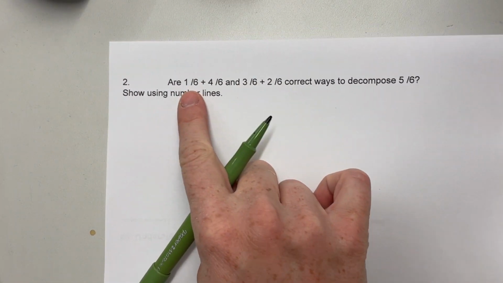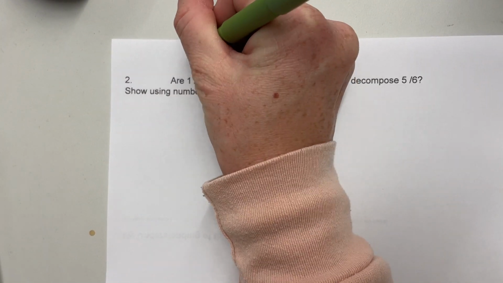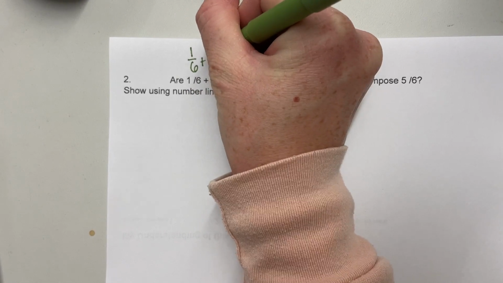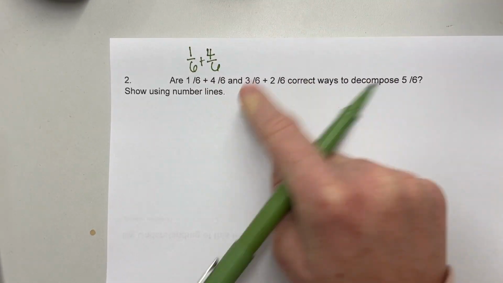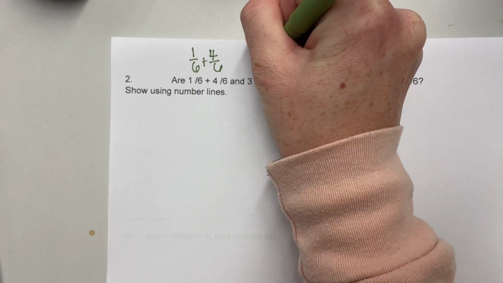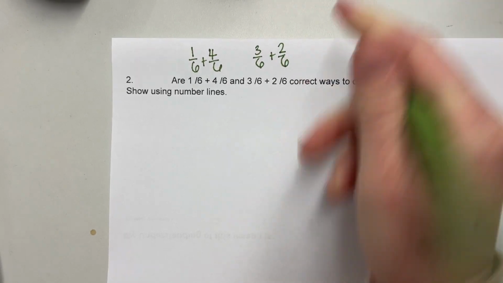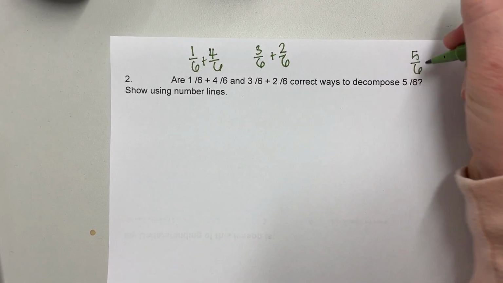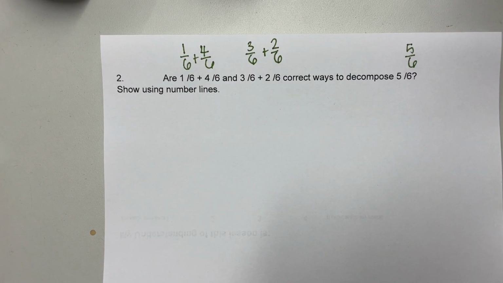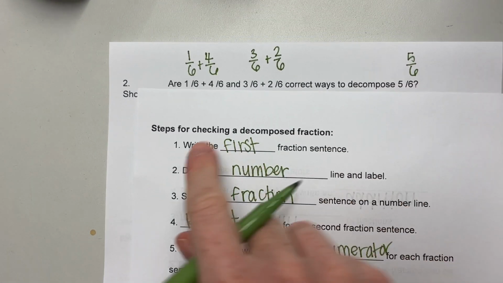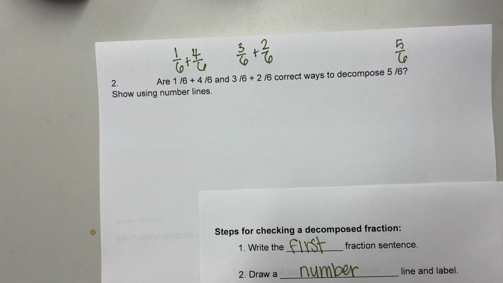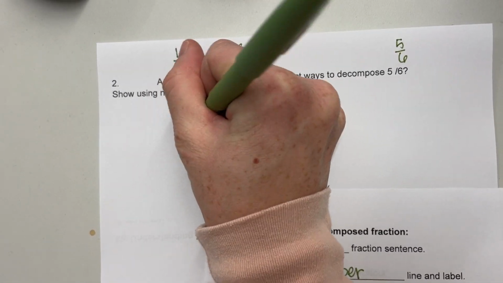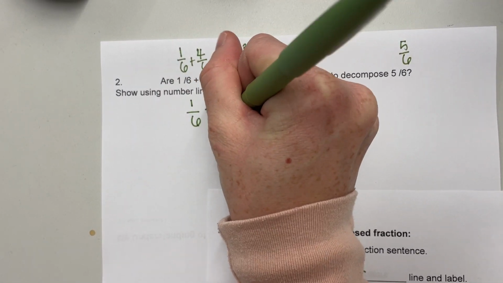Which says 1/6 plus 4/6, and 3/6 plus 2/6. Correct ways to decompose 5/6. Show using a number line. So I'm going to use this set of steps. Writing each fraction sentence. 1/6 plus 4/6.